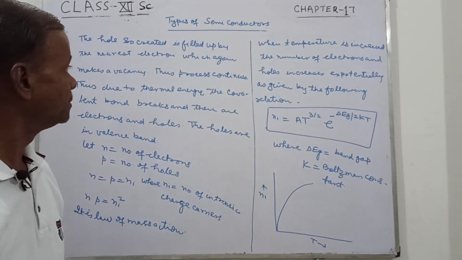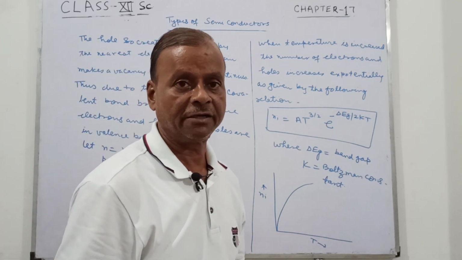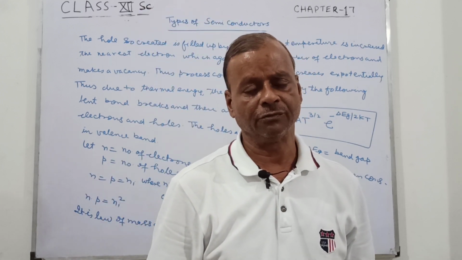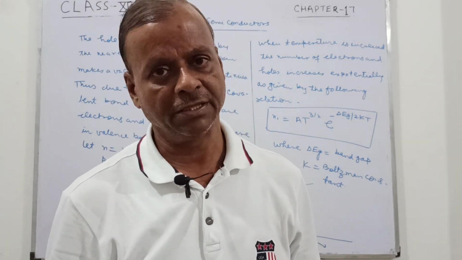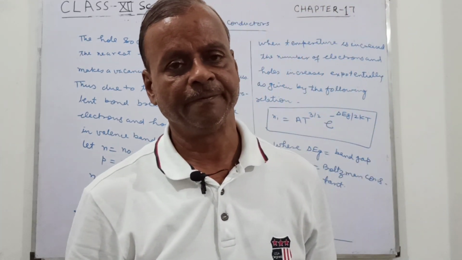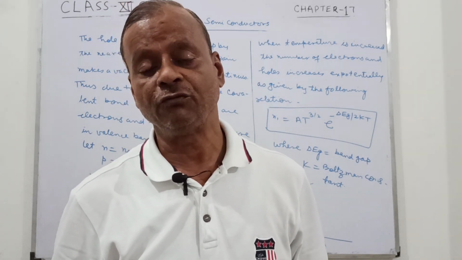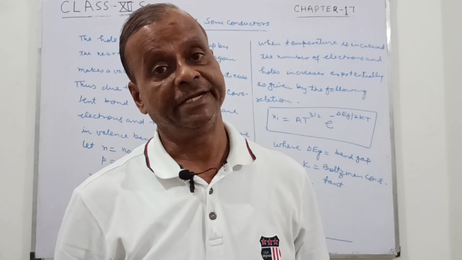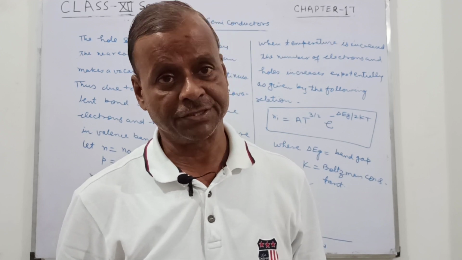Thus we see that the intrinsic semiconductors have very low electrical conductivity because the temperature cannot be increased to a large value, and when it reaches the melting point, the whole crystal is destroyed and there is no meaning in studying its electrical conductivity. So our aim will be, without increasing the temperature, how can we increase the electrical conductivity of the intrinsic semiconductor? That type of semiconductor is called the extrinsic semiconductor. That we will discuss later on.